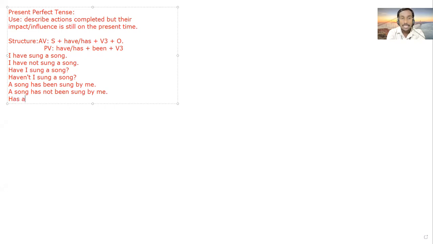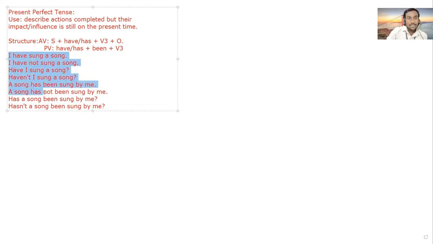Has a song been sung by me? That became your question, and we can make it negative also. Hasn't a song been sung by me? So these are 8 ways, at least 8 ways you have to be clear about.